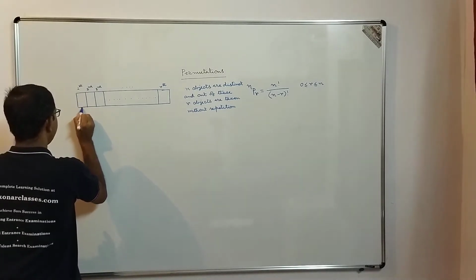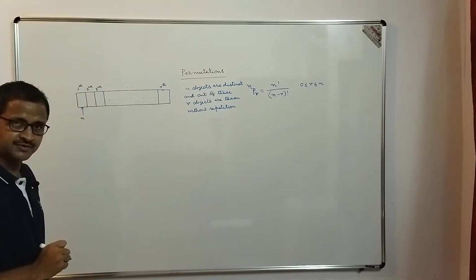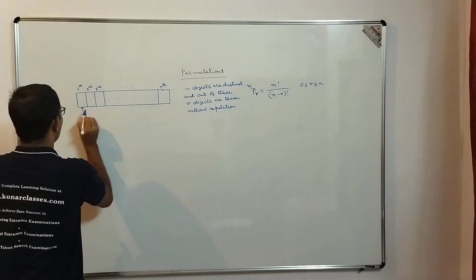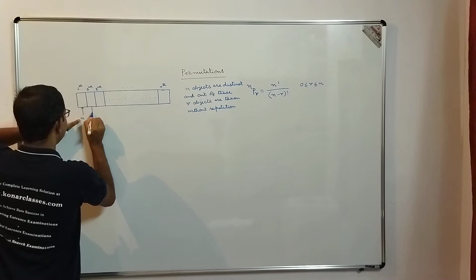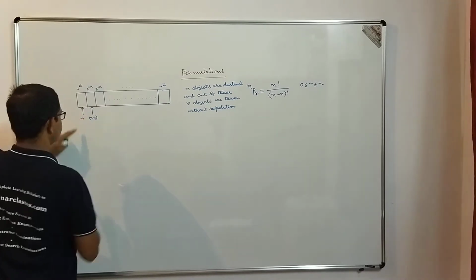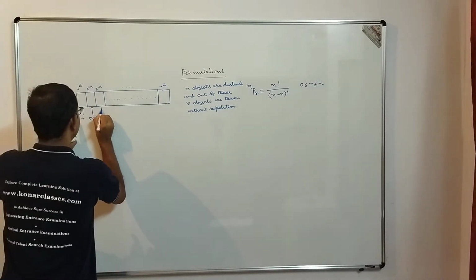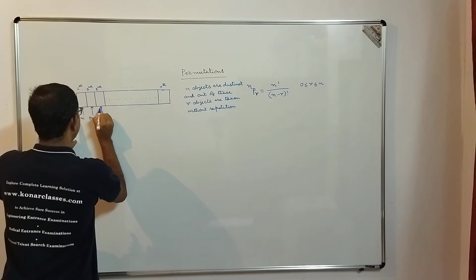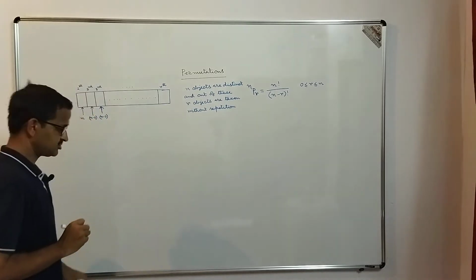Now once this is filled in n different ways, then this one can be filled in how many ways? n minus 1 ways, correct? Then once it is done, the third place can be filled in n minus 2 ways, correct or not?